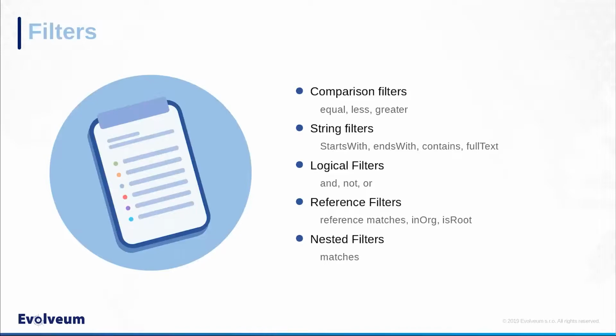This is the standard set of and, not, or filters. Then there are more interesting parts of the filter, which are the reference filters. This set of filters allows us to match on the referenced object. And then there is the final set, which are the nested filters. There are some other filters which we will not go in depth into in this webinar, and you can find them in the documentation.